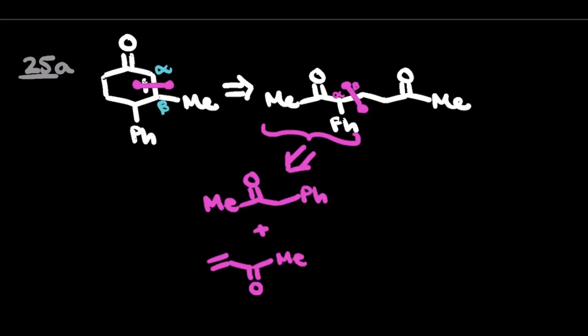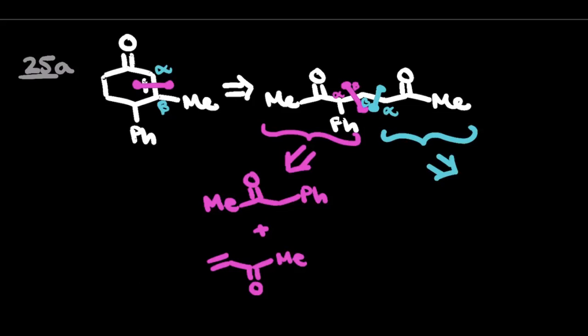This is just one of your possibilities for what you could have done here. If you wanted, you could have also cut right over here, which is alpha and beta to your other carbonyl. So that means that this part over here would have been part of your starting material. Let me see something real quick. I think, am I missing a carbon?